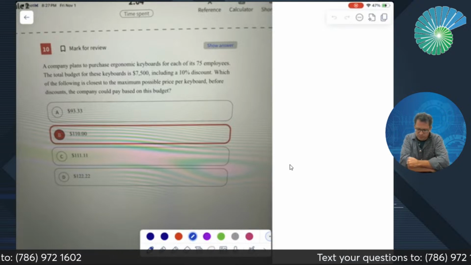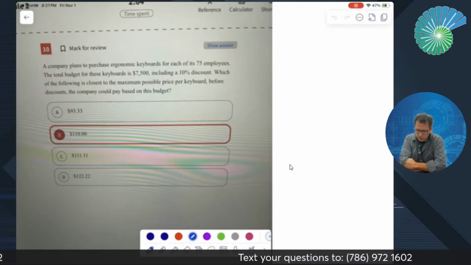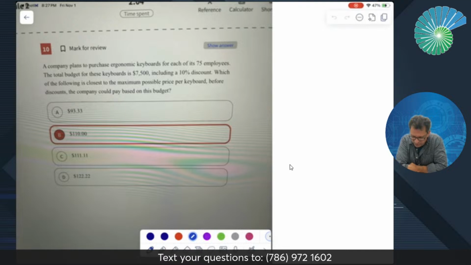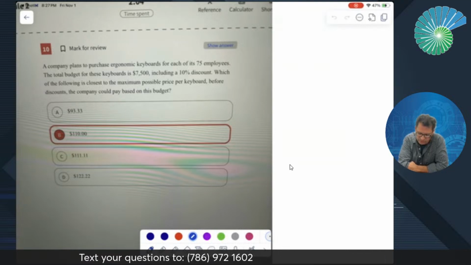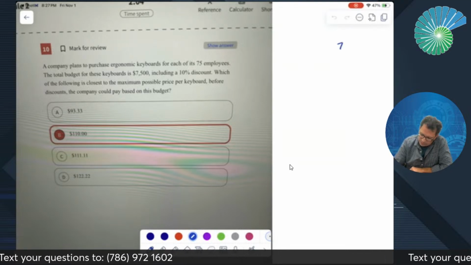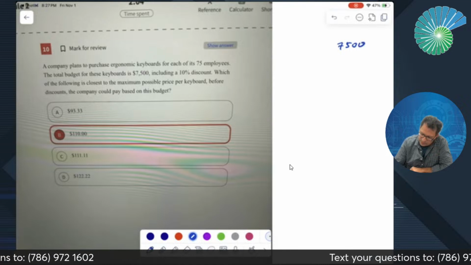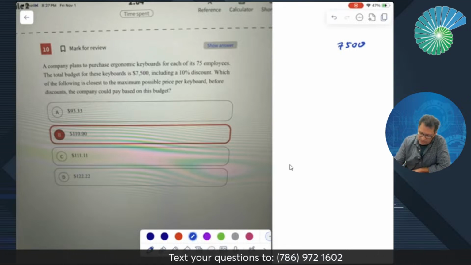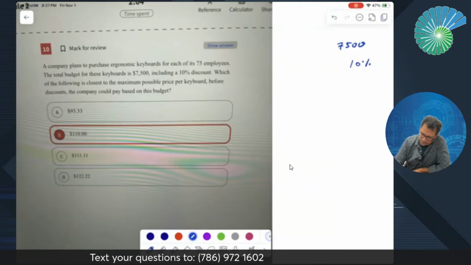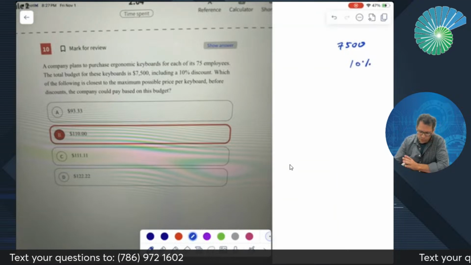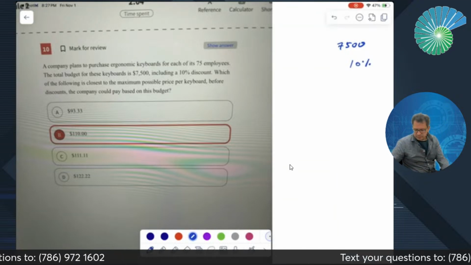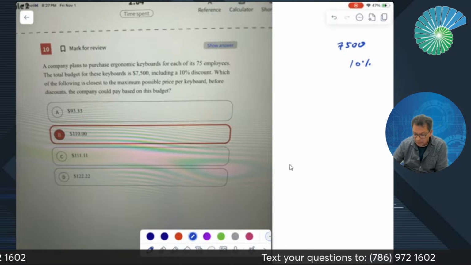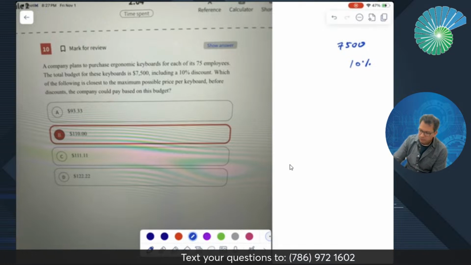So a company plans to purchase these keyboards for 75 employees, and the total budget is $7,500. So they can spend up to $7,500, including a 10% discount. Now, which of the following is closest to the maximum possible price per keyboard before the discount?